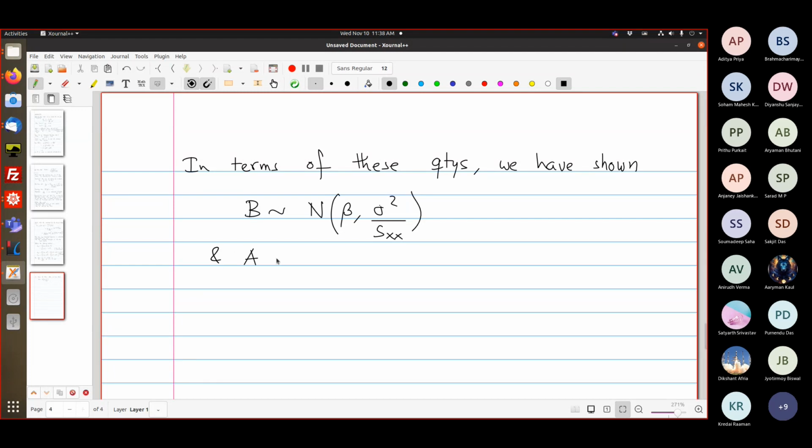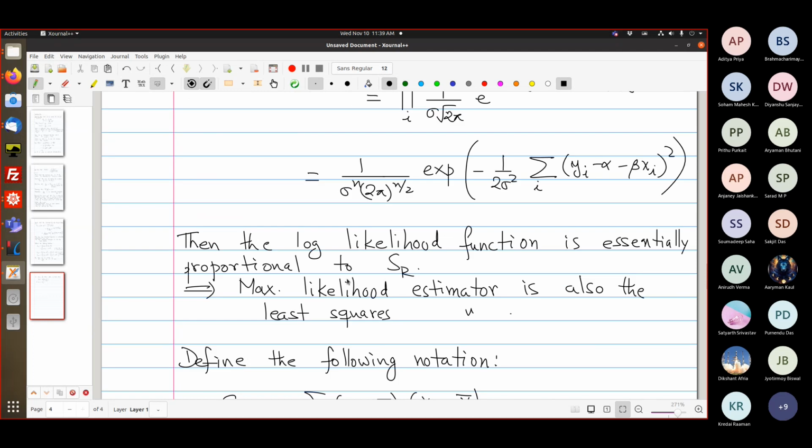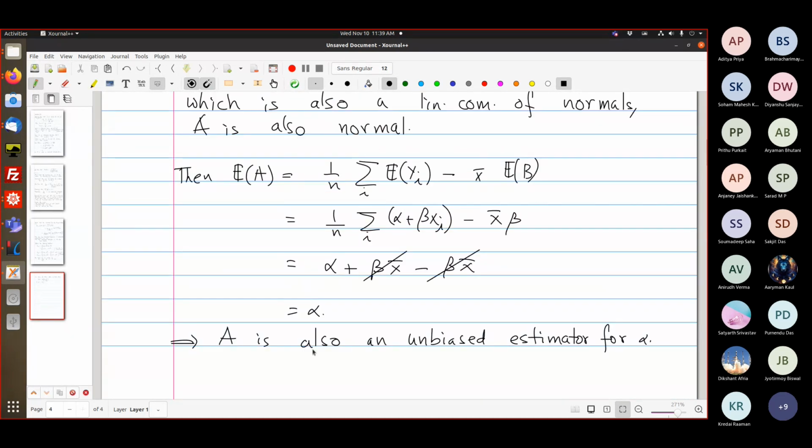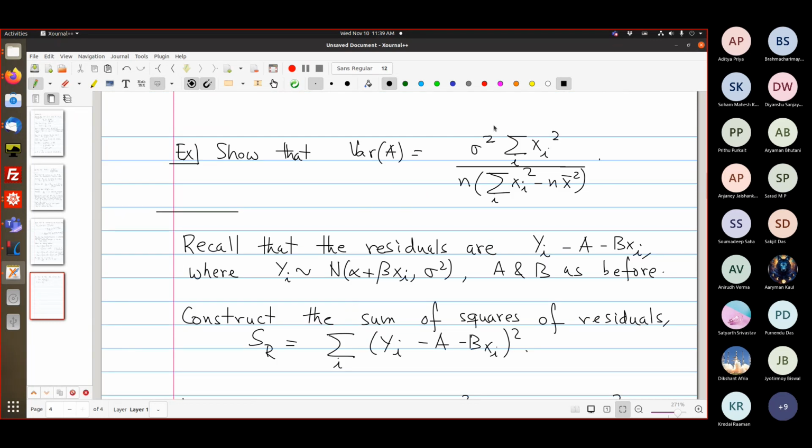And A is a normal random variable, which we did earlier today. Let's look at that. So A has mean alpha and variance this complication. The numerator we can't do more than write it in that way.